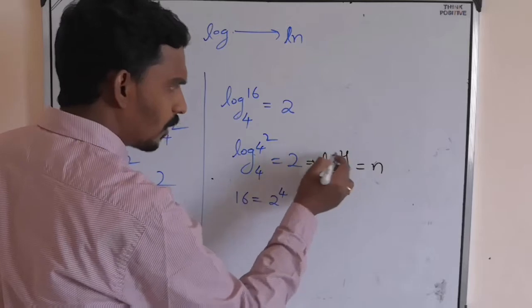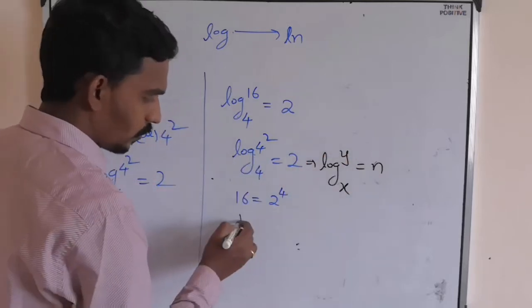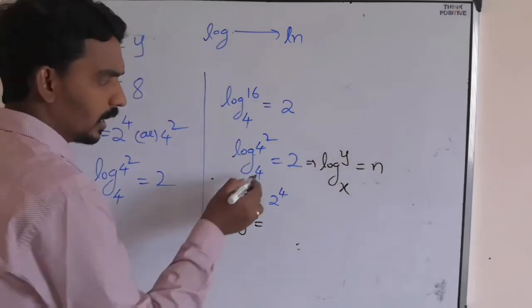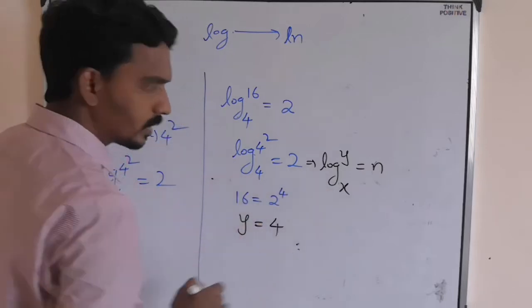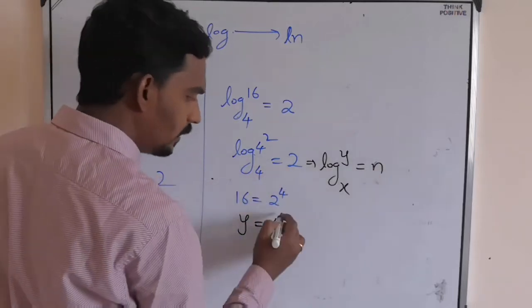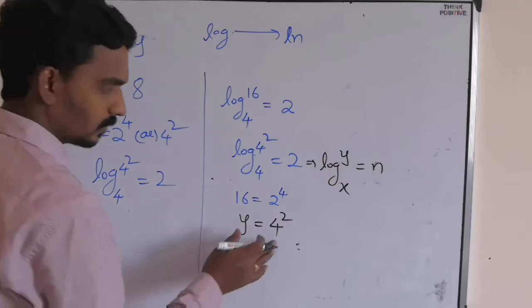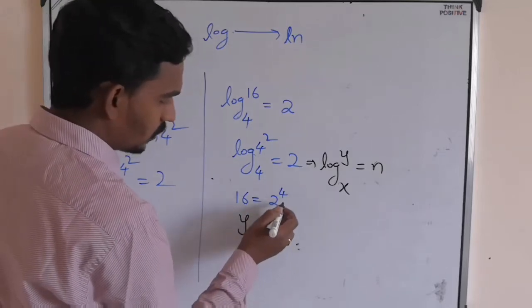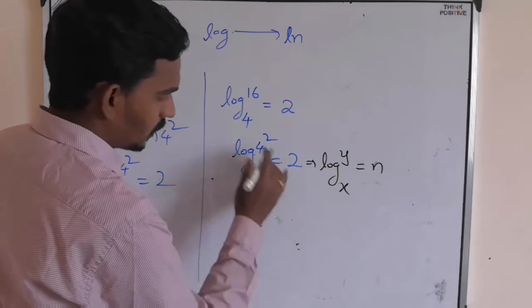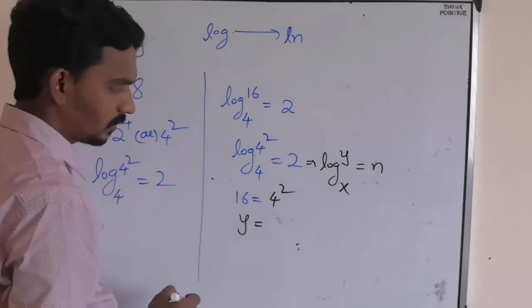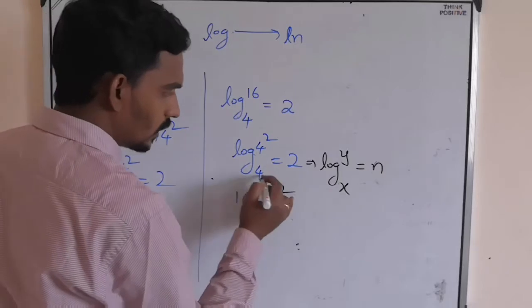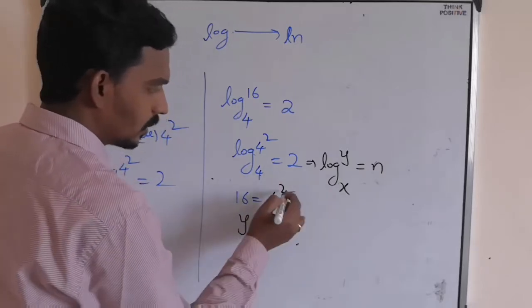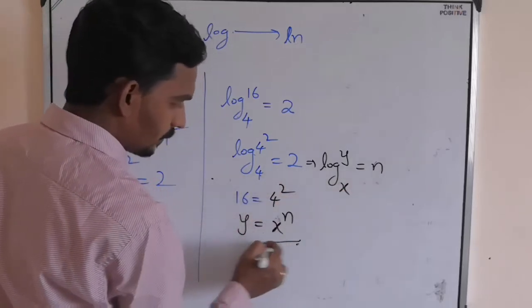Now in place of y, 16 is there. In place of x, 4 is there. In place of n, 2 is there. So here 4 square: 4 is nothing but x, and 2 is nothing but n.